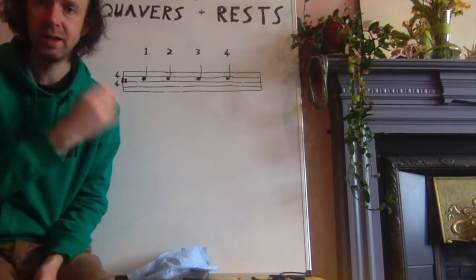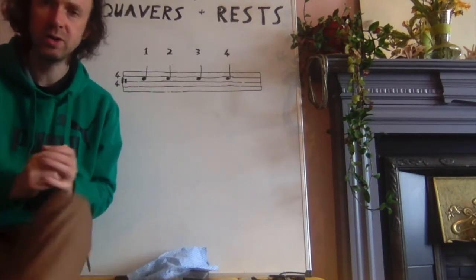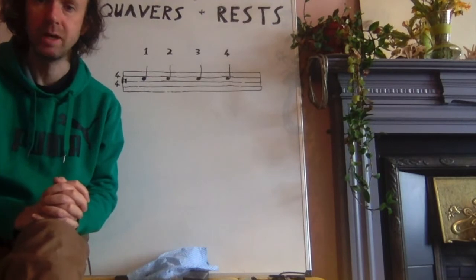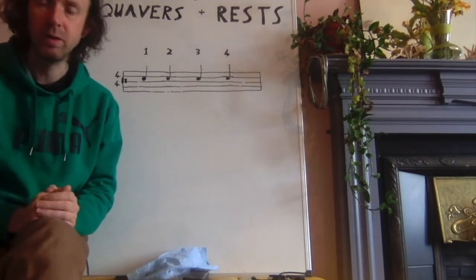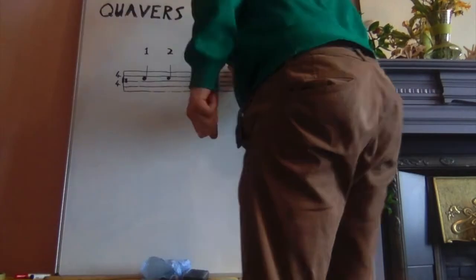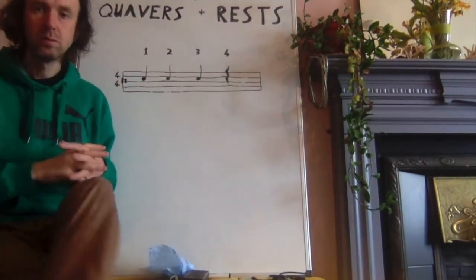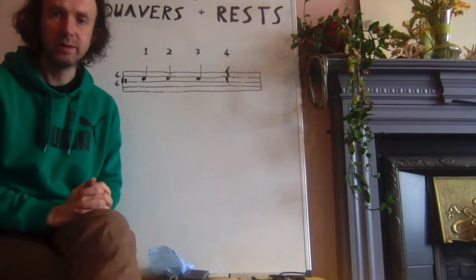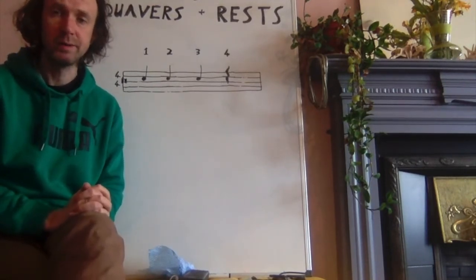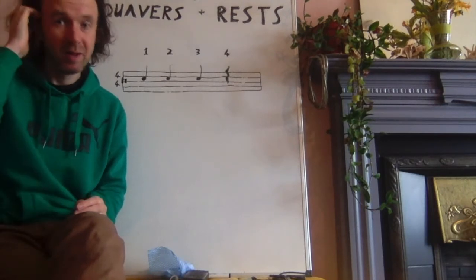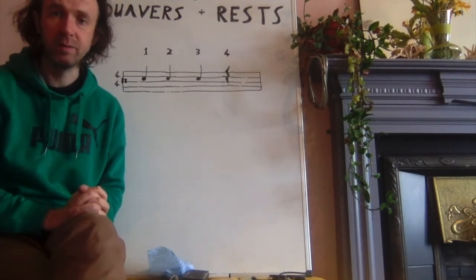Alright, so now I'm going to start missing one crotchet out and putting a rest in. So there's a rest on the 4th beat of the bar. What's that going to be like? What do you think? This is where you pause the video, figure it out by yourself, clap it by yourself, then start the video again and do it along with me.